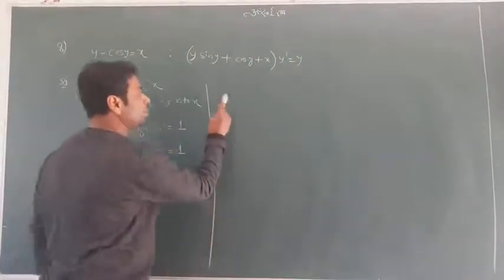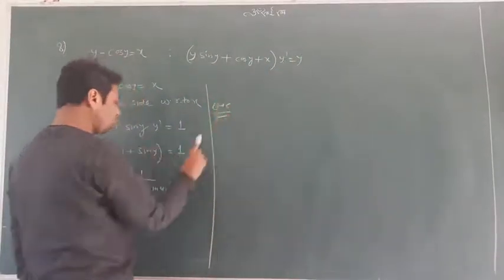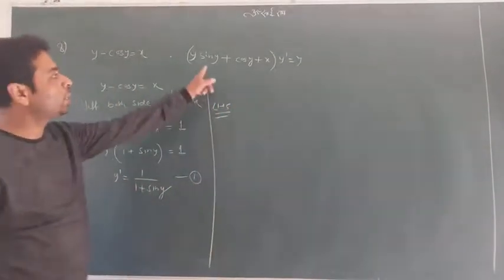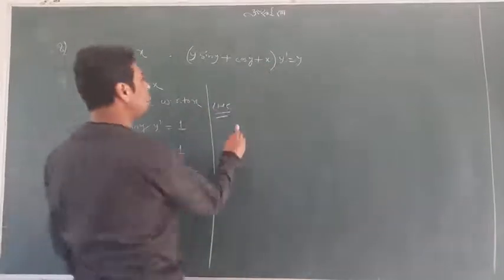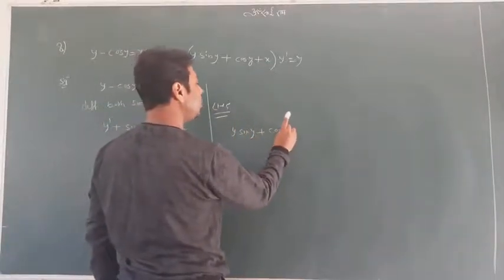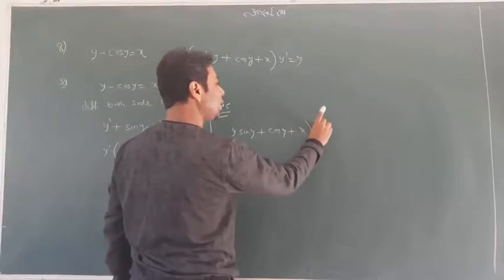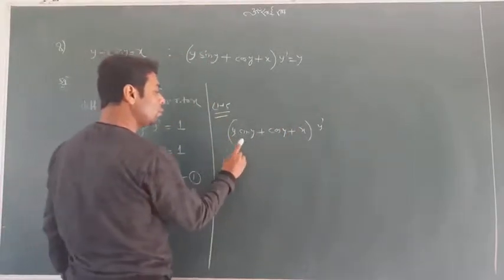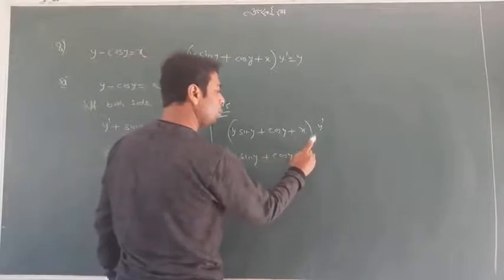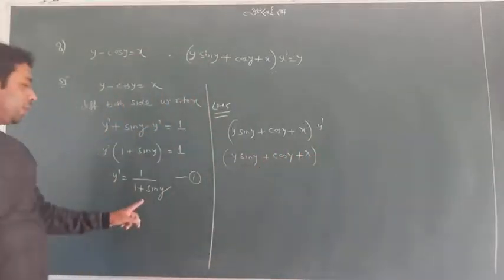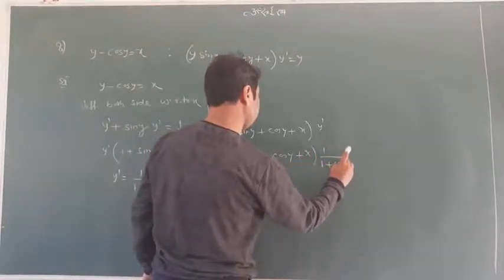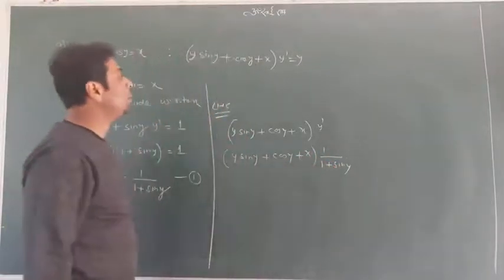What I need is y sin y + cos y + x into y'. Put the values: y sin y + cos y + x into, what is the value of y'? 1 upon 1 + sin y.